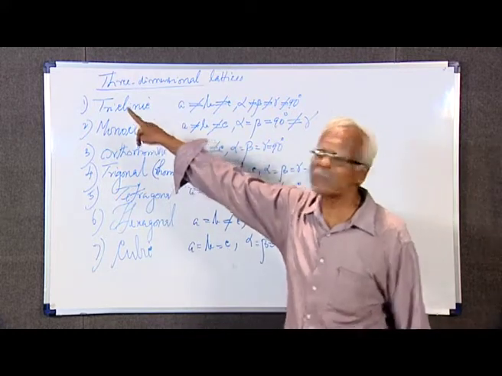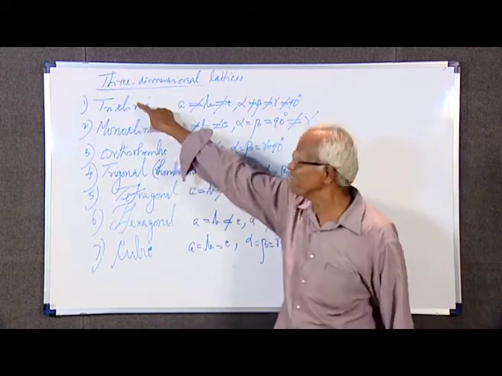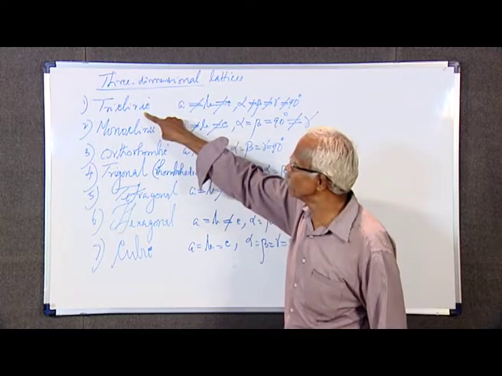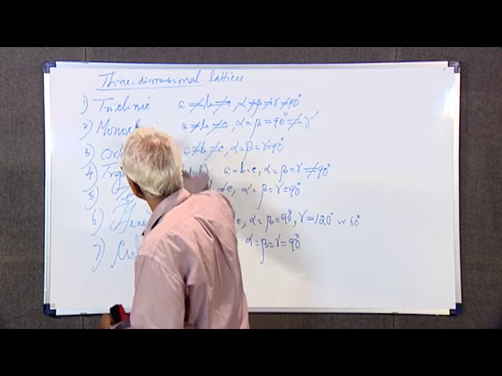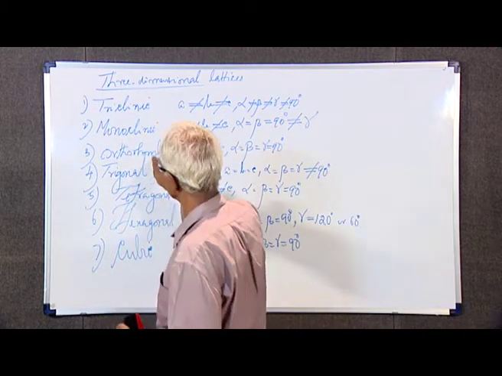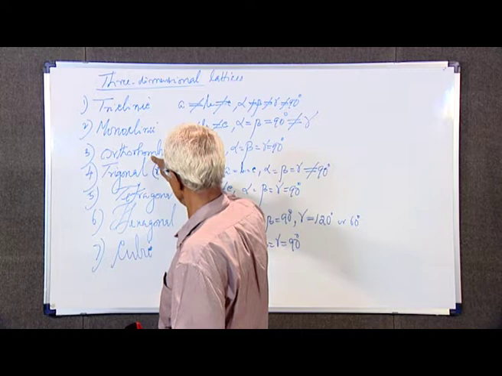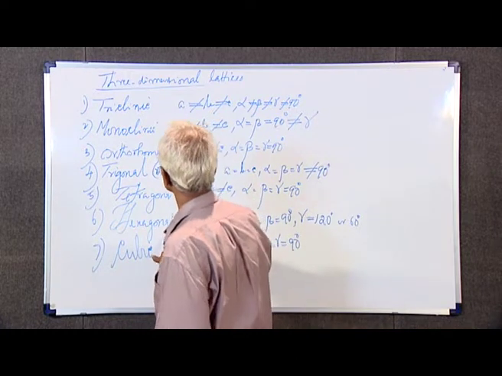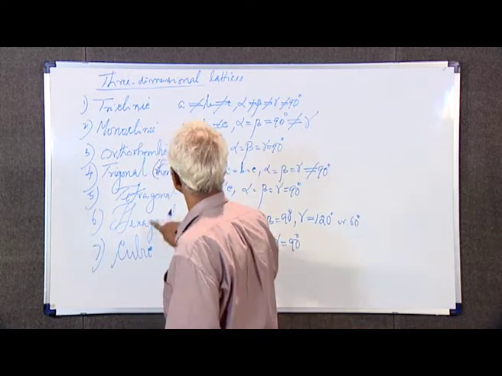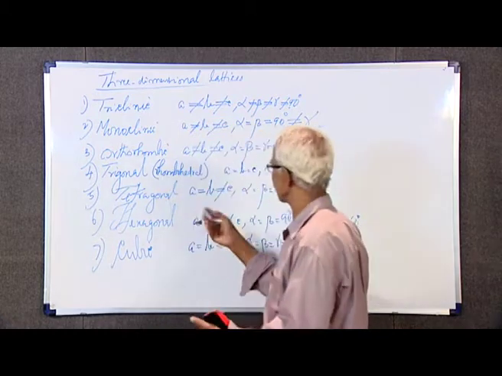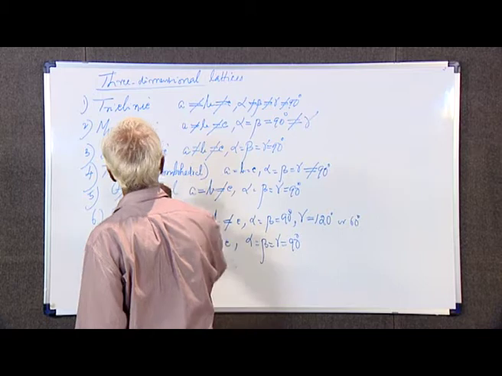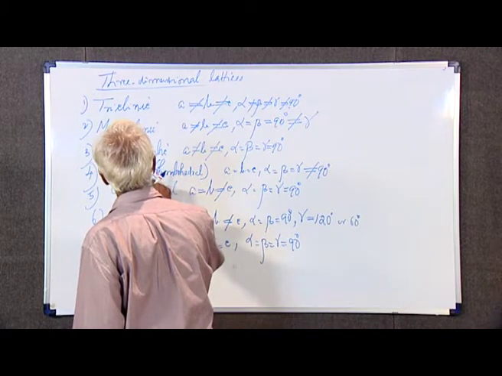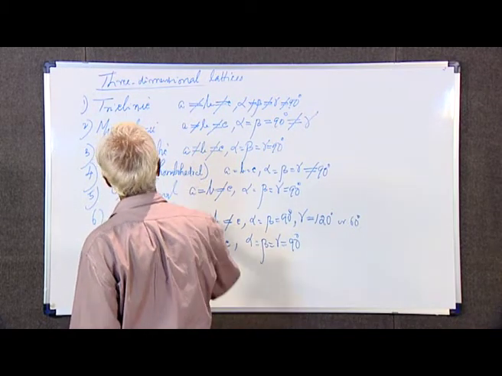Because triclinic is oblique, orthorhombic is rectangular, cubic is square lattice, then hexagonal lattice is hexagonal in 2 dimensions, and yes, there is no counterpart for this thing in 2 dimensions.